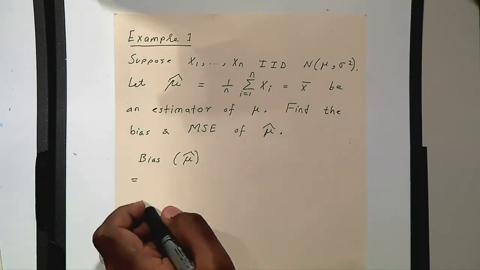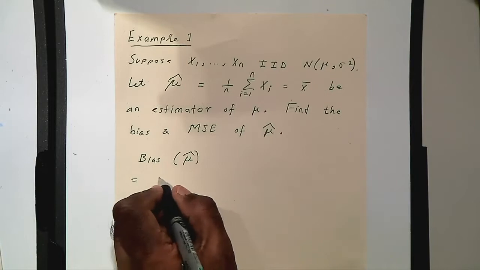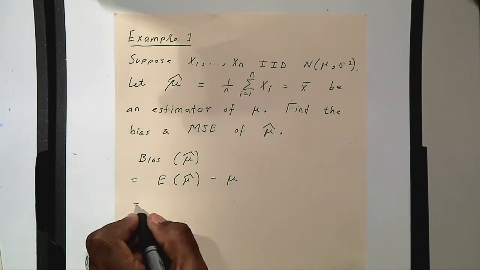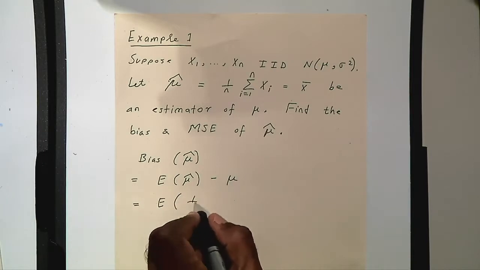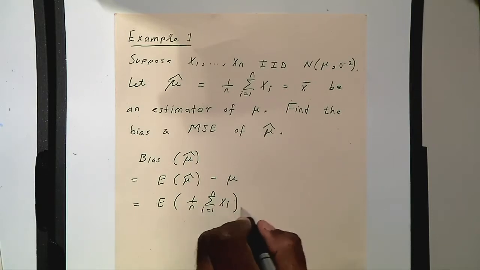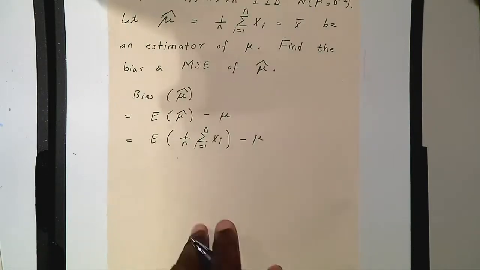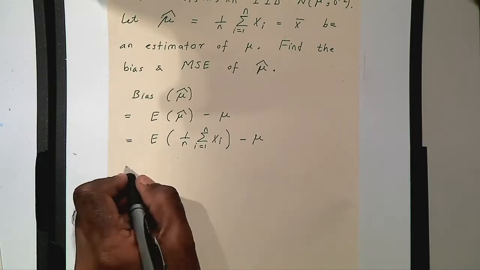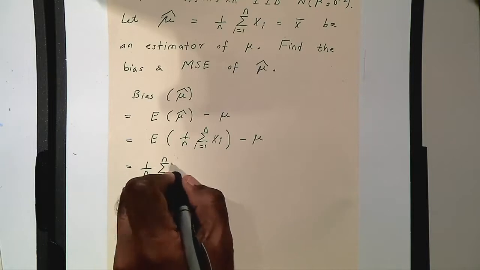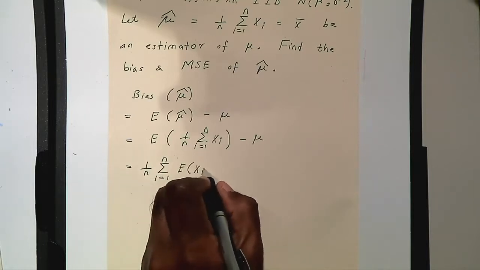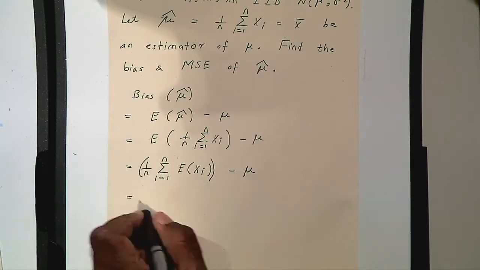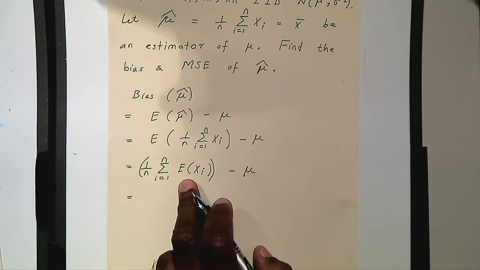So the first thing you want to find is the bias. Remember, the bias is defined as this, right? Now I'm going to take the expectation inside. Now, we've done the normal distribution.